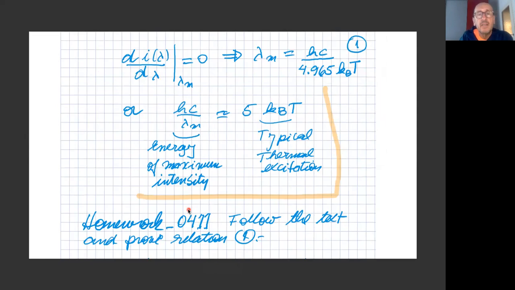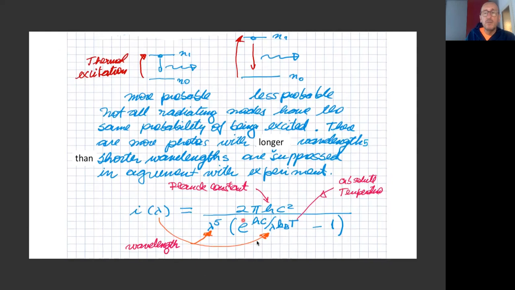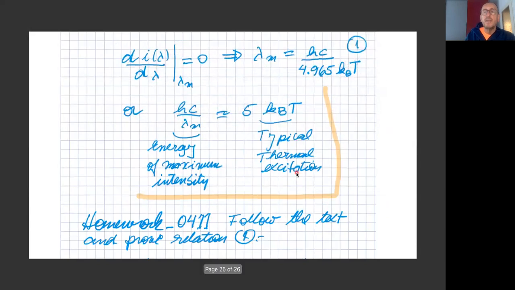So the interesting thing is that if you plot this, it will look very much the same as the experimental graph that I showed you before, and you can find where this is a maximum.